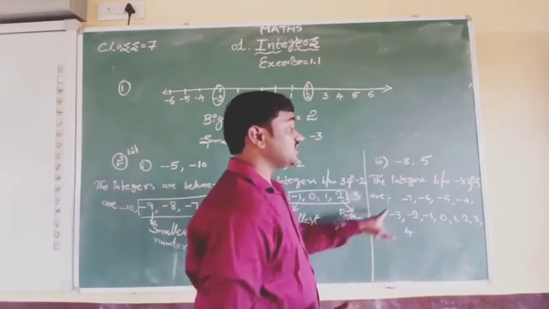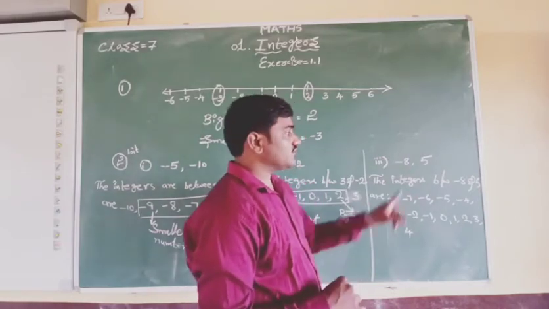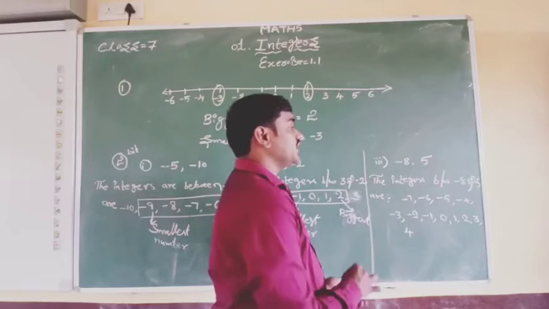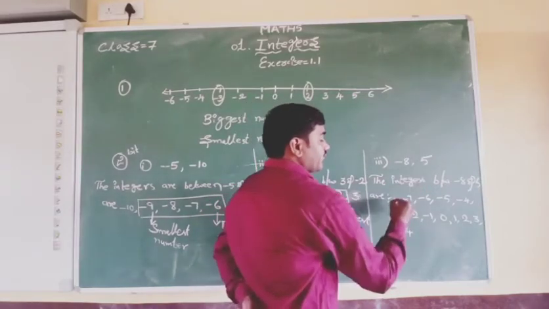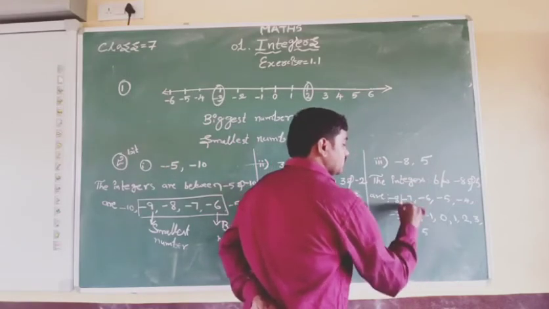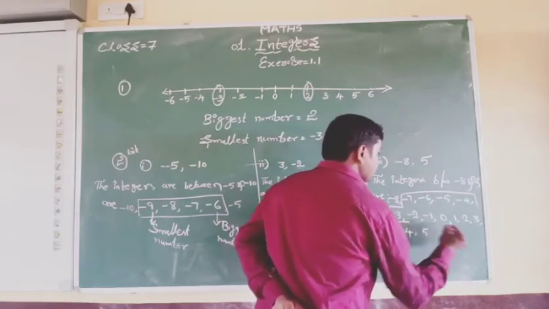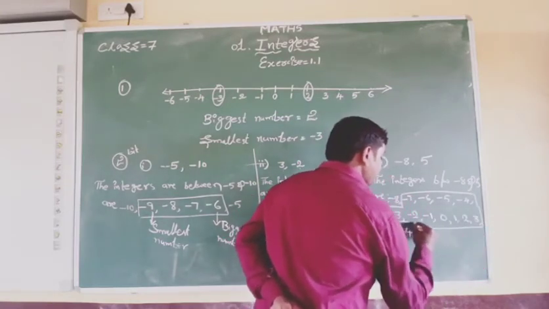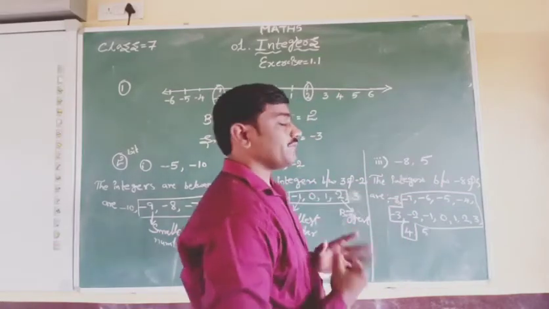Now these many numbers are lying between these two integers. So if you write here minus 8 and here 4, after that we get 5. These are the integers lying between minus 8 and 5.